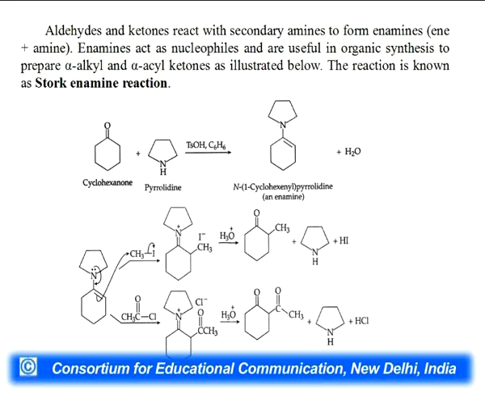When it reacts with methyl iodide, it will give you alpha methyl cyclohexanone, and when it reacts with an acyl halide, the acyl group is introduced at the alpha position in the ketone, that is cyclohexanone.